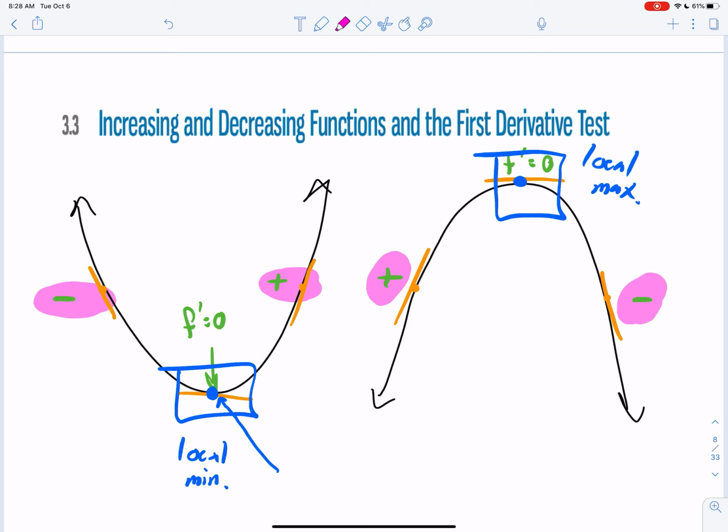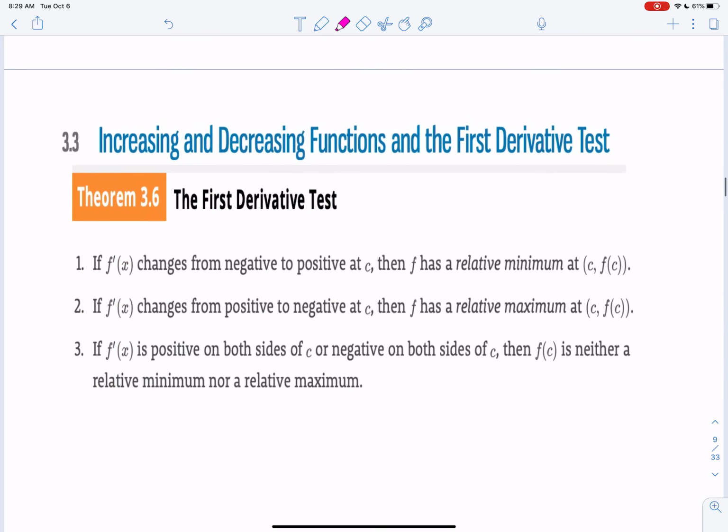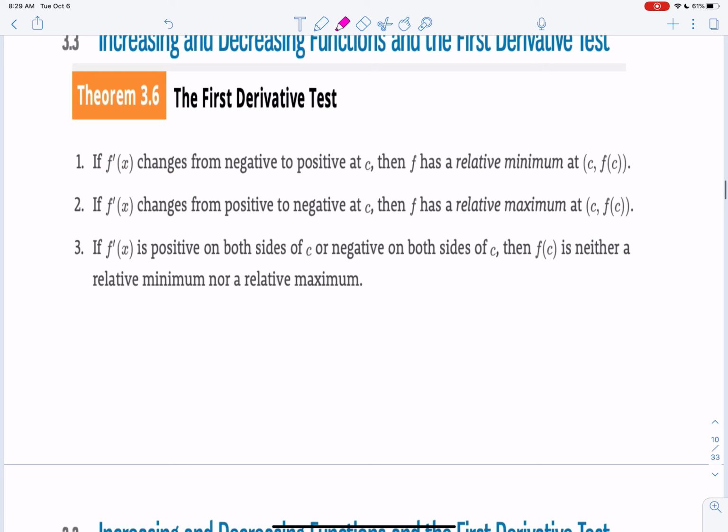Okay, this right here is our first derivative test. Don't worry so much about the name, just know how to use it. Okay, so here we go. Here's the first derivative test. Before you guys write anything down, okay, just understand it.